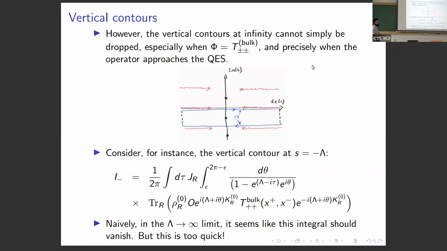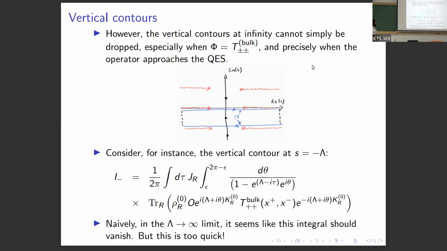But where is the shock? The whole point of this discussion was to see the shock. It turns out that the shock comes from the fact that in order to pick up the pole, I have to close the contour at infinity. Standardly, these contours at infinity don't contribute.